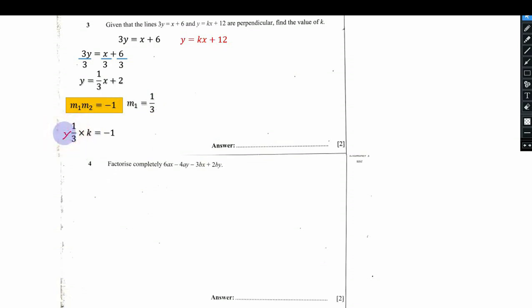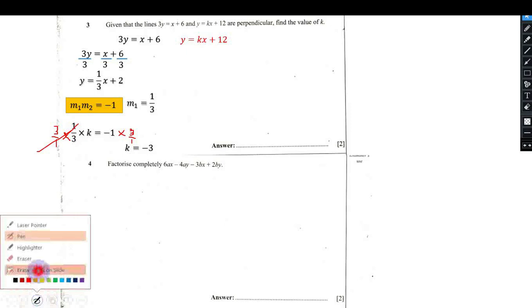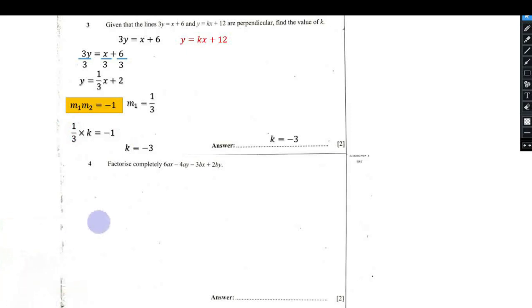The inverse of 1 over 3 is just 3 over 1, and we'll have to multiply it on the other side too, 3 over 1. So this side will give us a 1. It means k now will be equal to negative 1 times 3, which is negative 3. And that is the final answer for k. Don't forget, we write it on the answer space. Okay, we are done there.